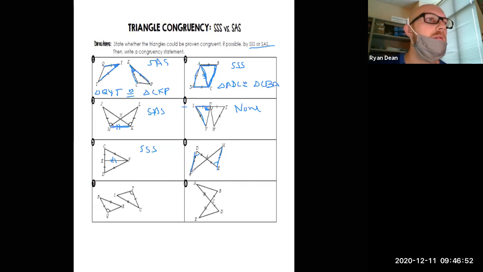This would be our transversal, because the transversal cuts through the 2 parallel lines, and then we need the transversal to make up this angle here.